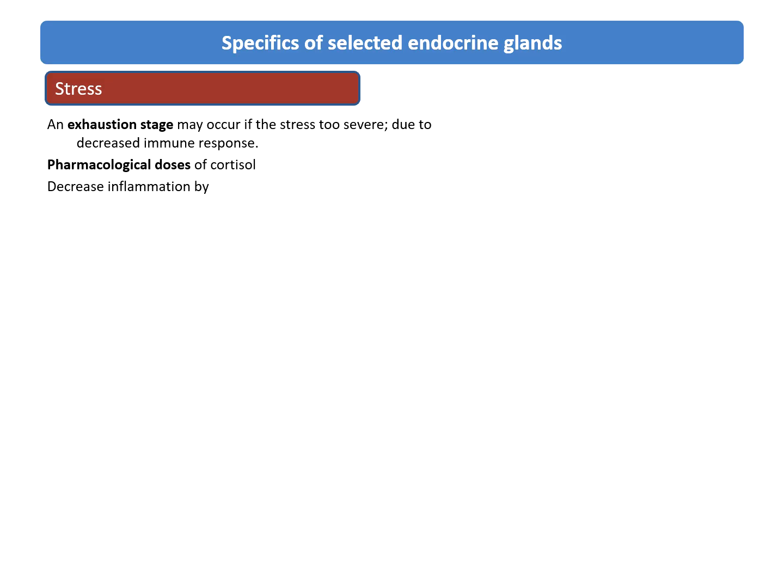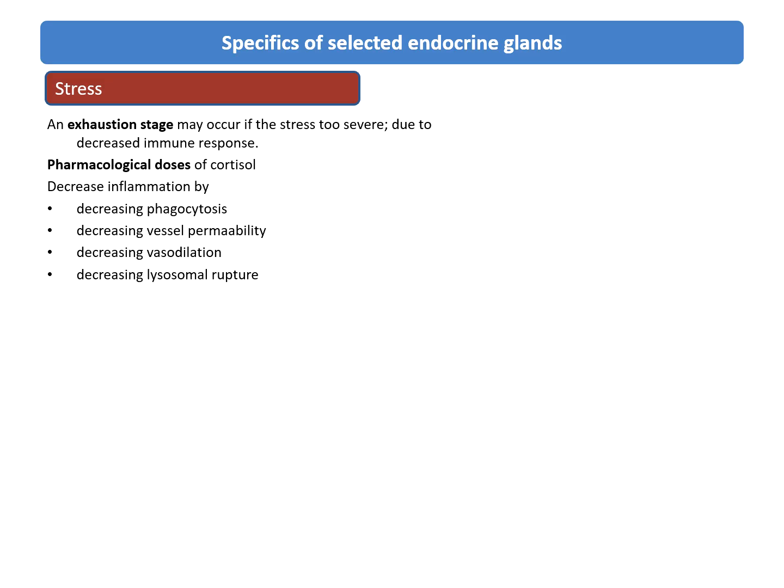Pharmacological doses of cortisol are often used to treat injury or illness. They decrease inflammation by decreasing phagocytosis, decreasing vessel permeability, decreasing vasodilation, and decreasing lysosomal rupture. These are characteristics of the immune system, so they'll make more sense when we cover that system.